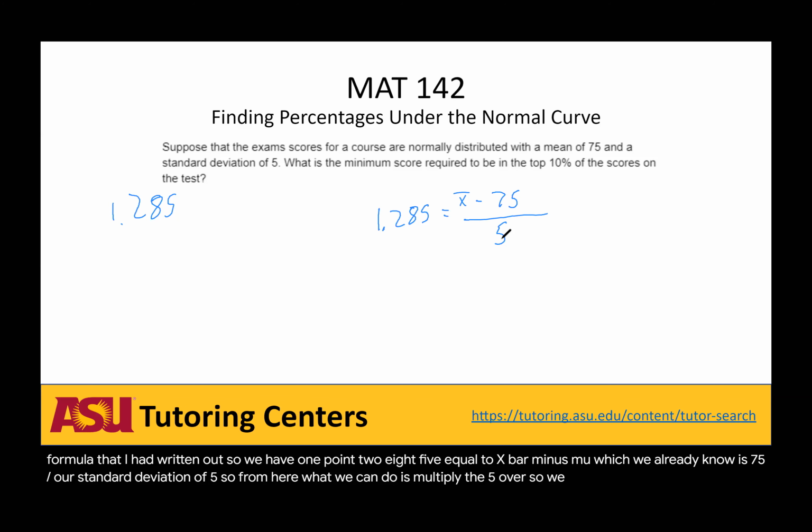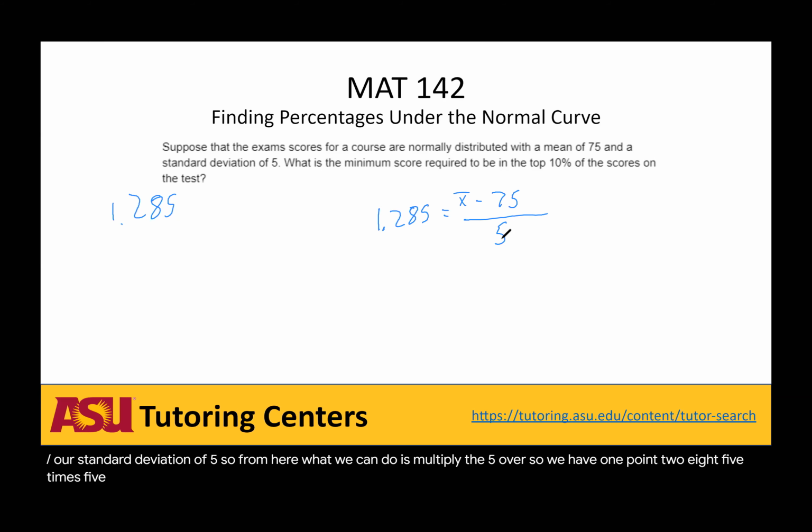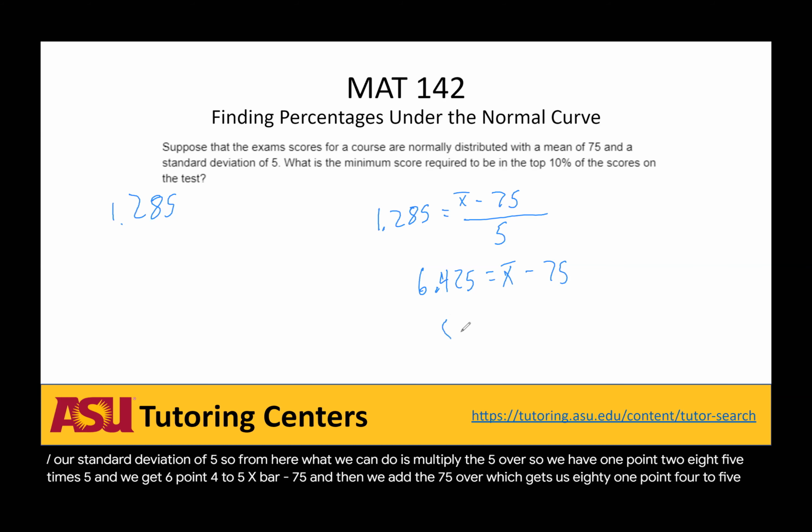So we have 1.285 times 5, and we get 6.425 equals x bar minus 75. And then we add the 75 over, which gets us 81.425 as our x bar. And that's our answer.